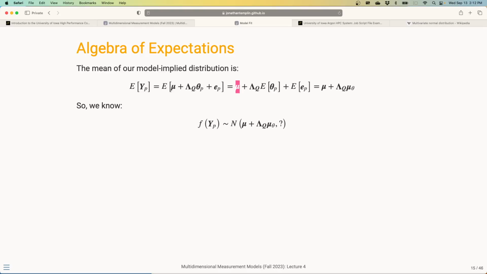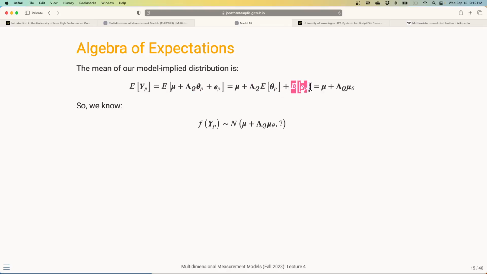Poof. Lambda in this case is also a constant, but theta has a distribution. So the expected value of theta is the mean of its distribution. And then the expected value of a constant times that is the constant times the mean of that. That's what this is right here.